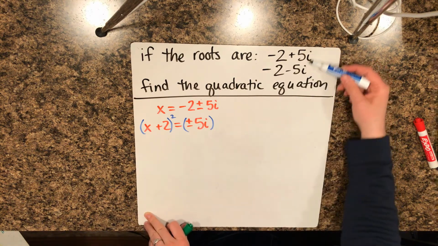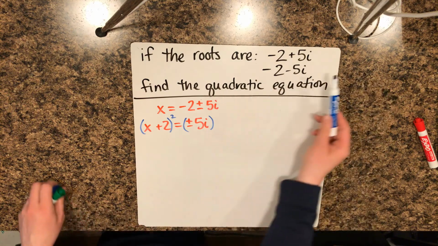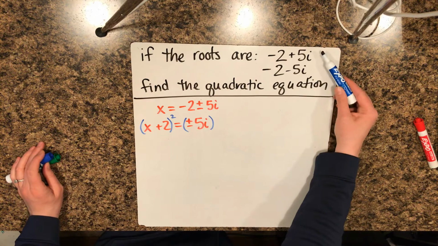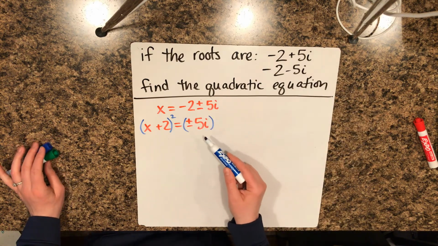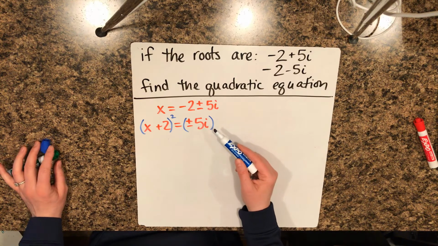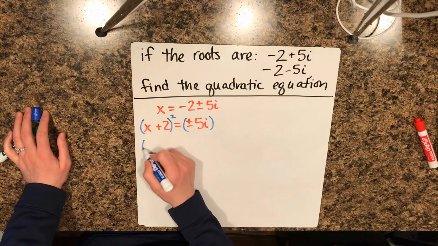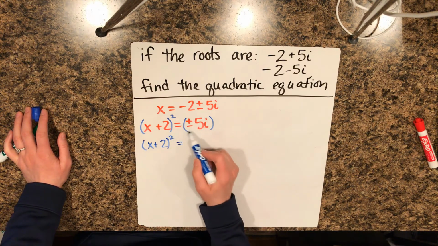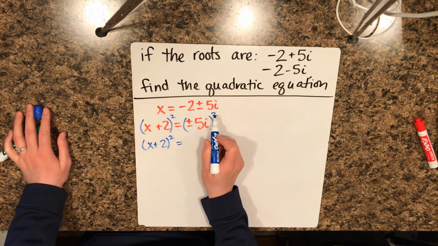If there's 2 x solutions or roots, then it's going to be quadratic. The second reason is if I square an imaginary number, the imaginary number goes away and it becomes just a real number. So I have x plus 2, quantity squared, equals, now it doesn't matter if it's plus or minus, because when I square a positive, it's positive.